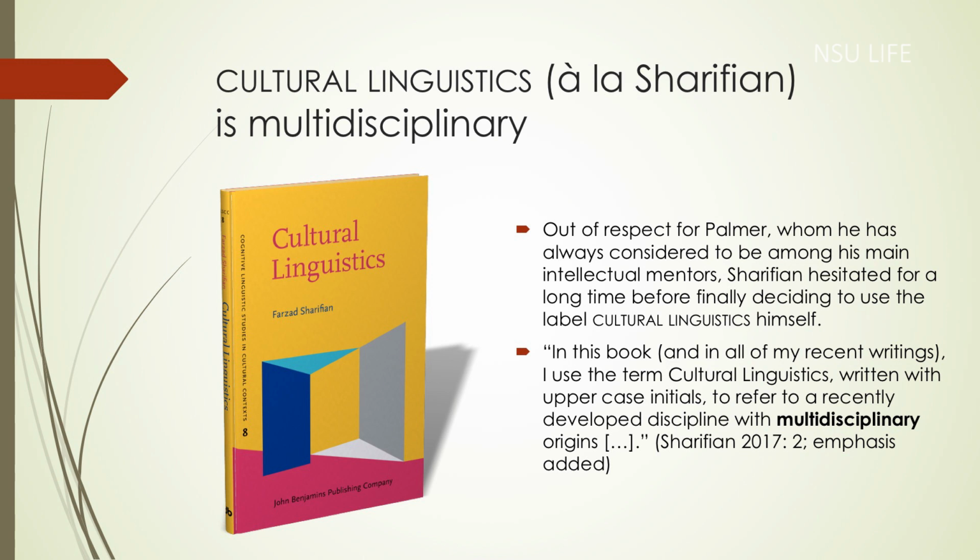He respected Palmer and the work that he had done simply too much, and I don't know if that's part of the Iranian or Persian culture or anything, but he respected his mentor too much to actually dare to use the same term for an approach that was based on Palmer's work, but not quite the same.